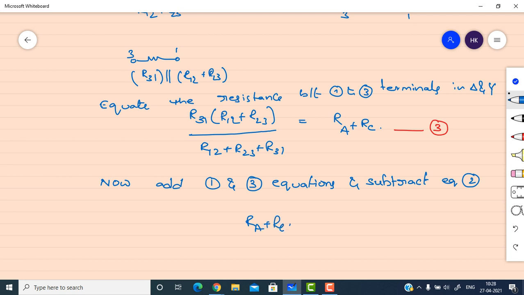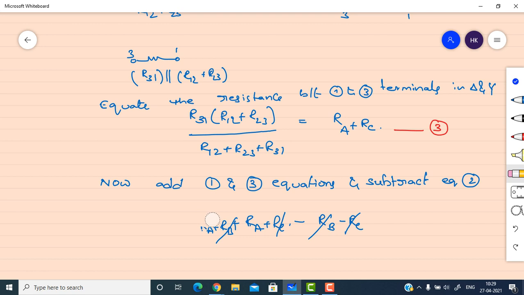The first equation is RA plus RB. We are adding these two and subtracting the second one, which is RB plus RC, right? So minus RB minus RC. The minus RB and plus RB cancel each other, plus RC minus RC cancel. What you get is 2RA. So the equation will be in terms of RA. That's why we add two equations and subtract the other equation.